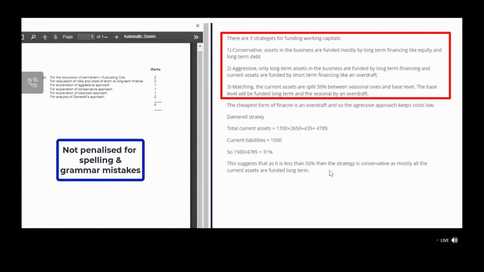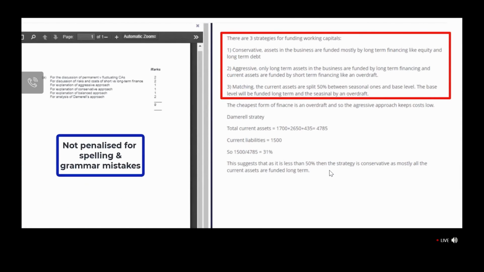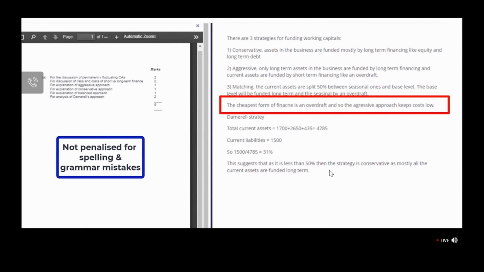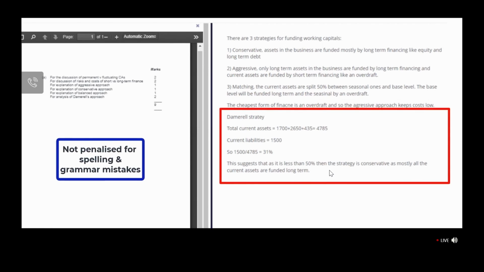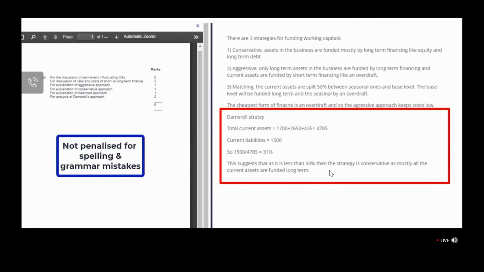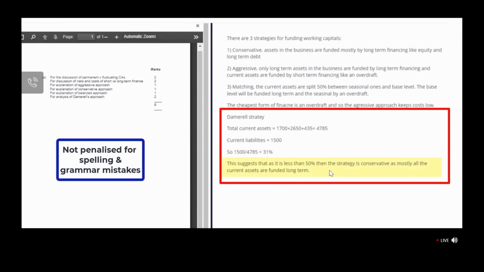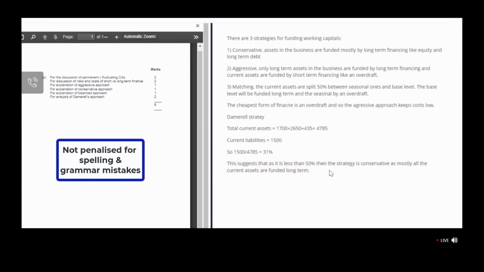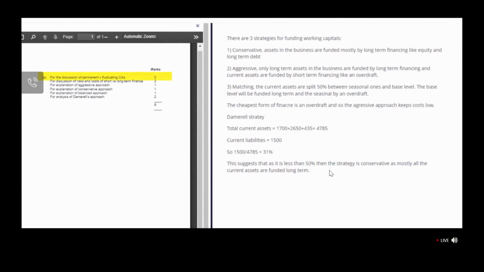So as I can see, they've detailed 3 strategies. They've then talked about the cheapest form of finance as an overdraft, and that keeps costs low. They've then done some analysis on Damerel's strategy, and they've come up with a solution to their approach. What they haven't done, though, is those first 2 marks.